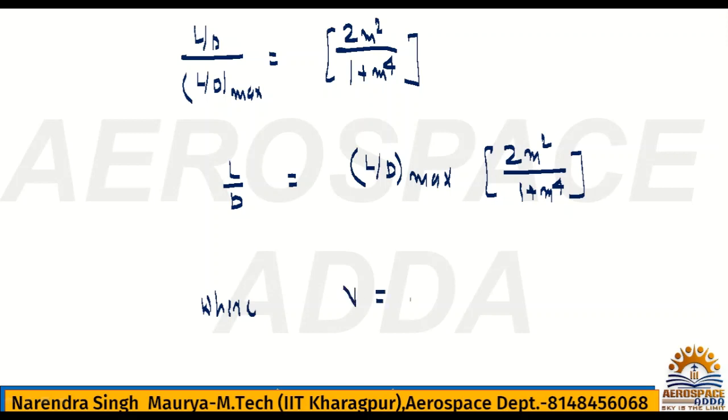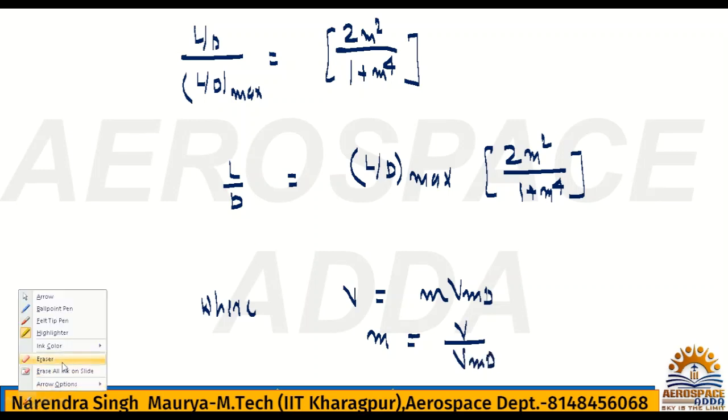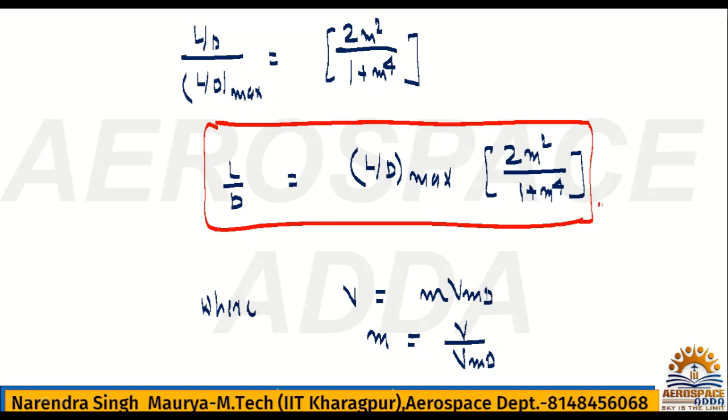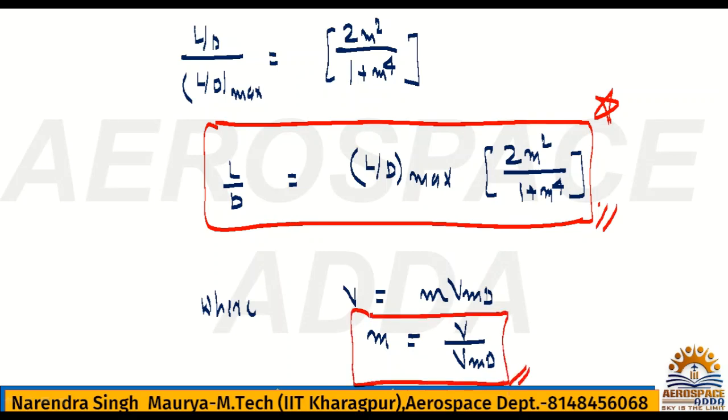Actually V is replaced by m times of VMD. So what is m? m is nothing but V upon VMD, yes or no? So this formula is very important, very important, okay. Make star marks here. And what is the value of m? That should be known. This is the m. All right, fine.